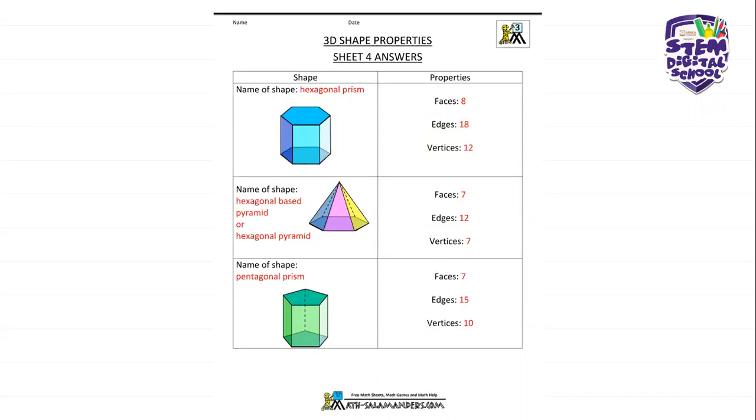Remember, we've got 12 vertices, which are found as a result of the 6 bottom angles and the 6 top. And this happens also with the edges. You'll have the 6 in the middle, 6 at the top, and then 6 at the bottom. So basically, those are some of the properties of the prism, which is known as the hexagonal prism.